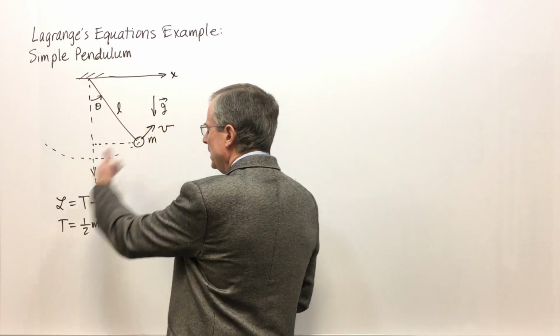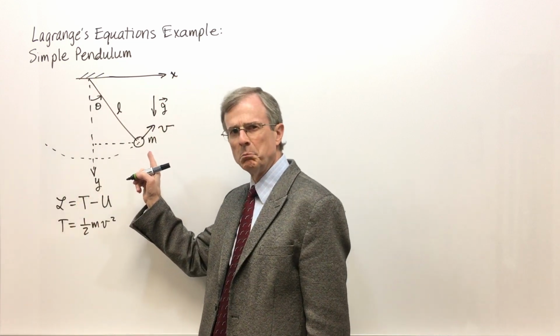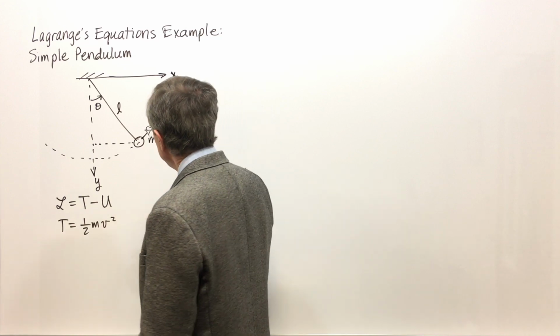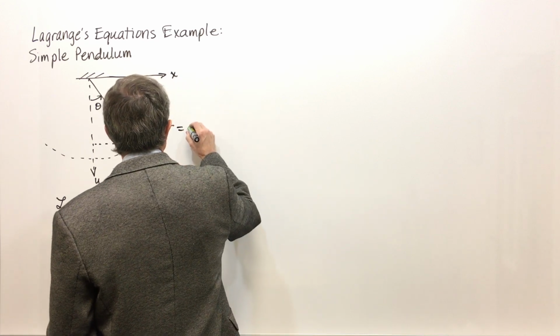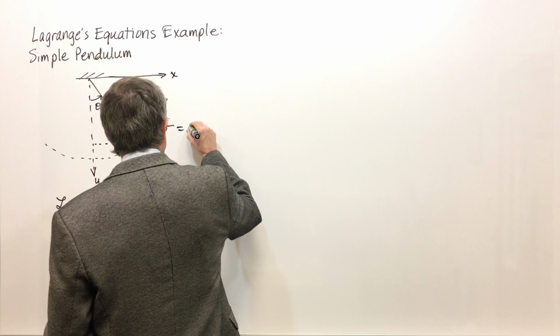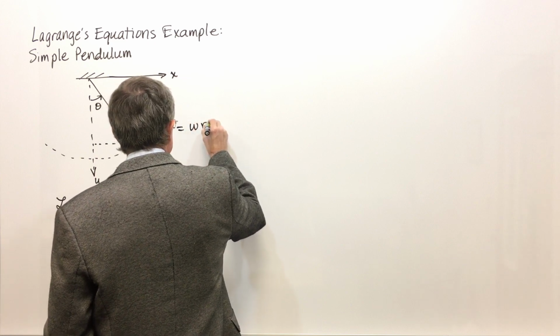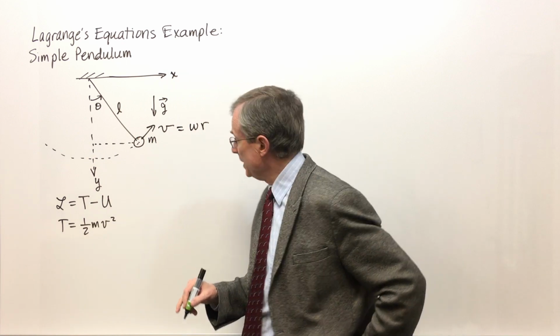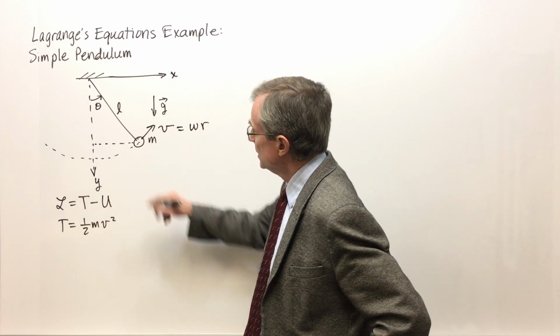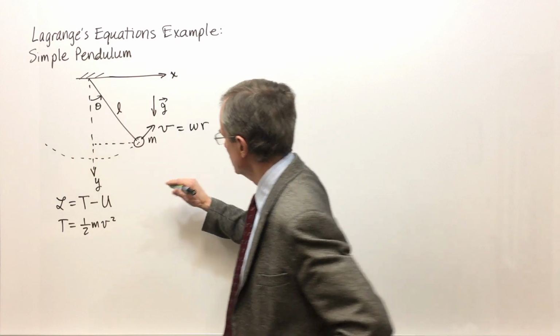the speed of that pendulum bob is omega r, the angular speed times the radius of the circle. It's going in a circle.